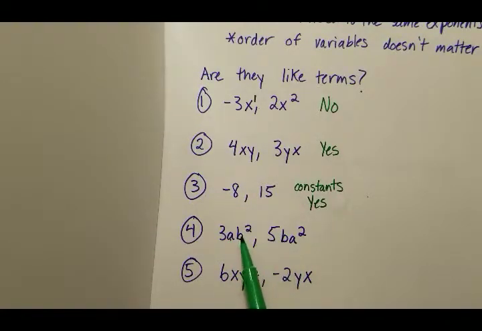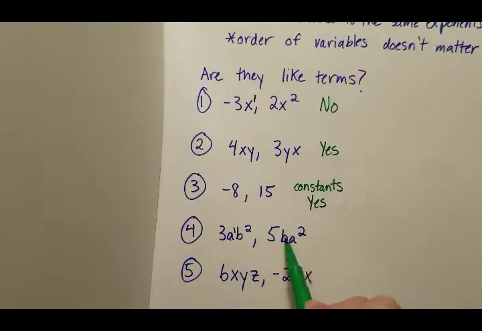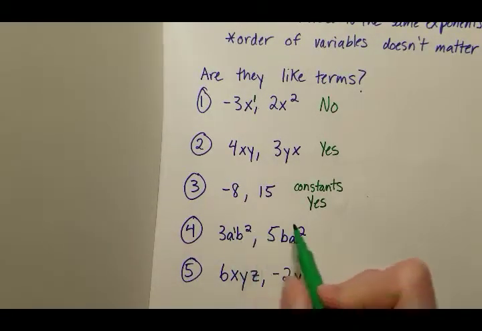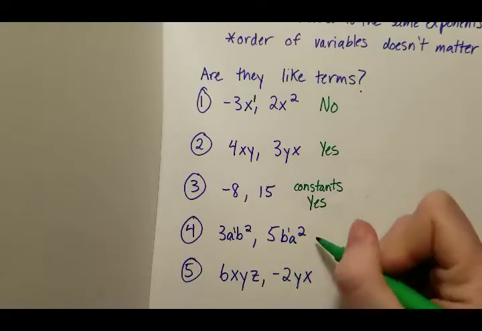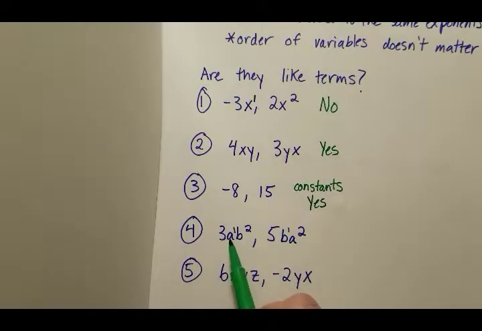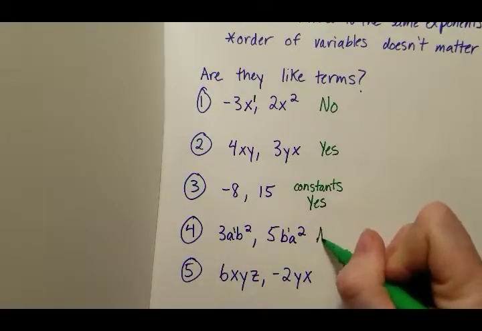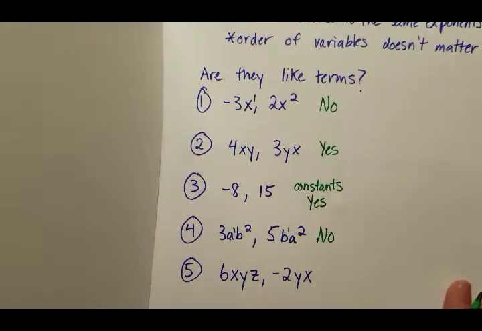This one is b squared, that one's just b. The same variables need to have the same exponents. So the a's, this one has a 1, that one has a 2. That doesn't work. Same here, b squared, but this is b to the first power. So because the same variables don't have the same exponents, these are not like terms.